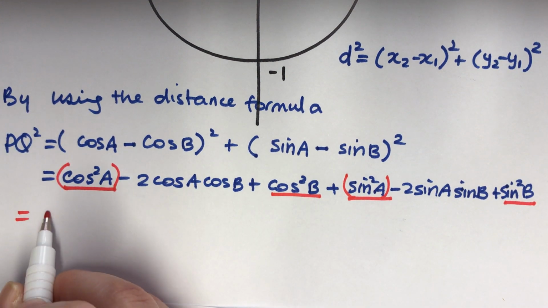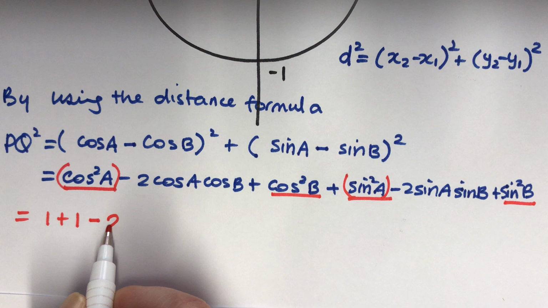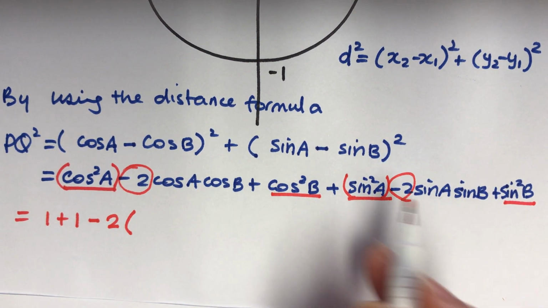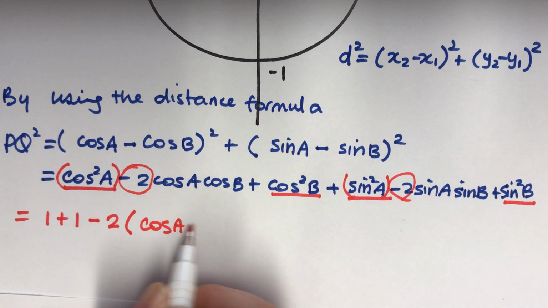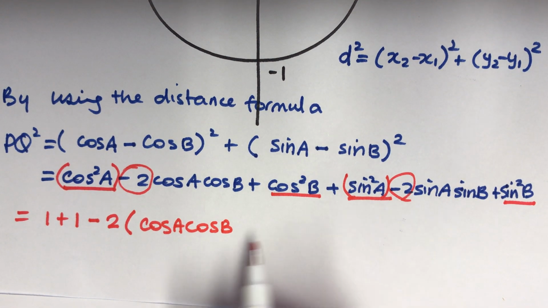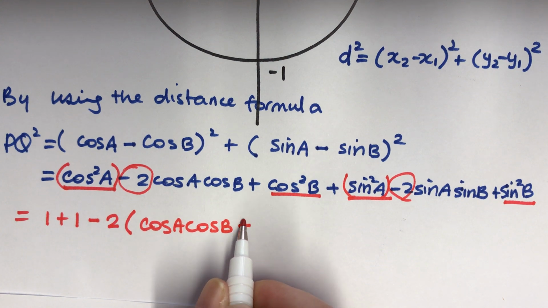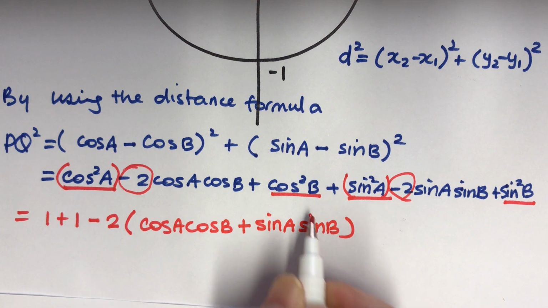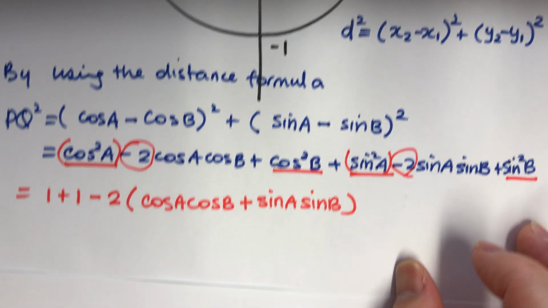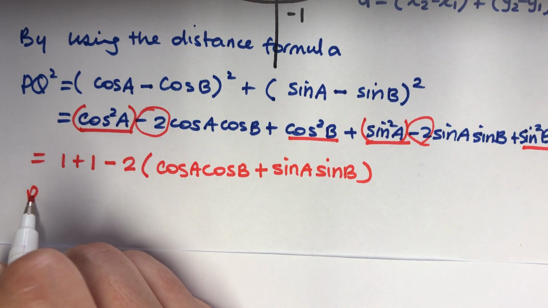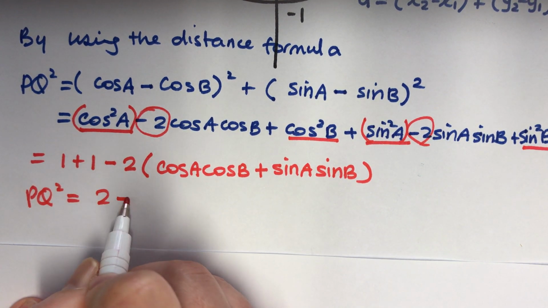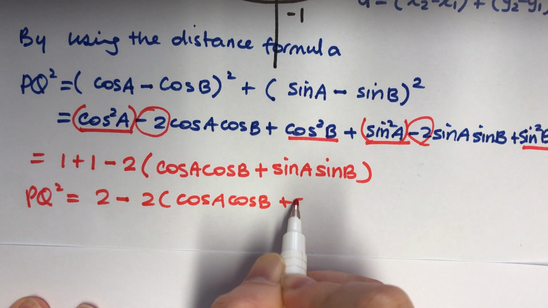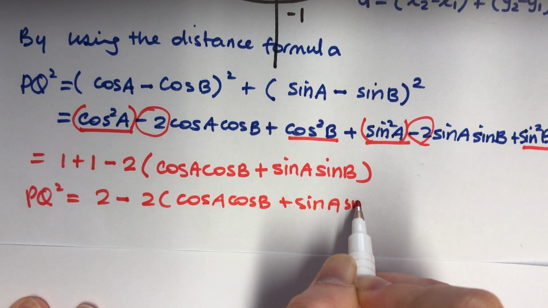So what happens now is 1 plus 1 minus 2, because that's a common factor, and I put these in: cos A cos B plus, because I'm taking the minus out, sin A sin B. So PQ squared is 2 minus 2 (cos A cos B plus sin A sin B).